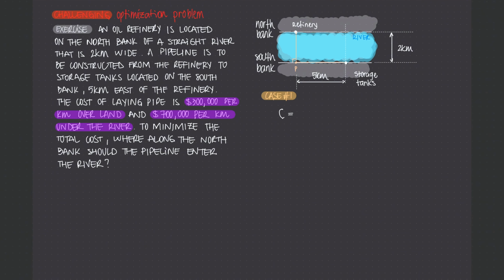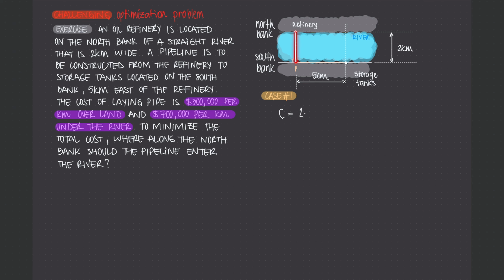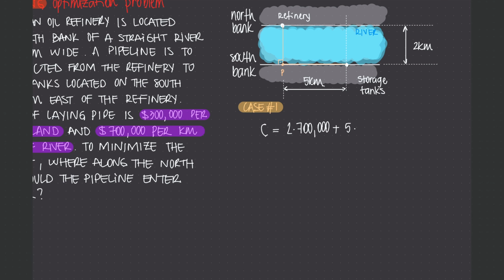Therefore, the cost involved in this special case is 2 kilometers times the cost per kilometer under the river, which is 700,000, plus 5 kilometers times the cost over land, which is 300,000.